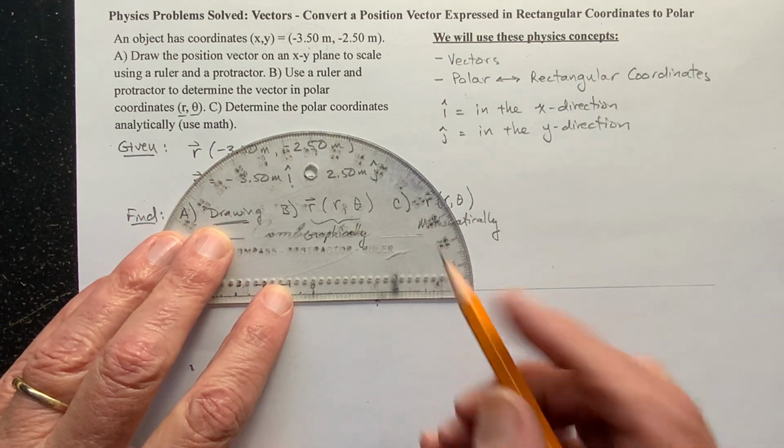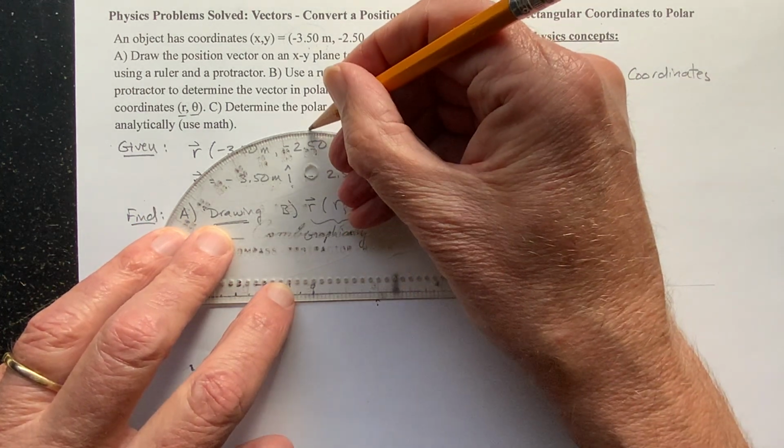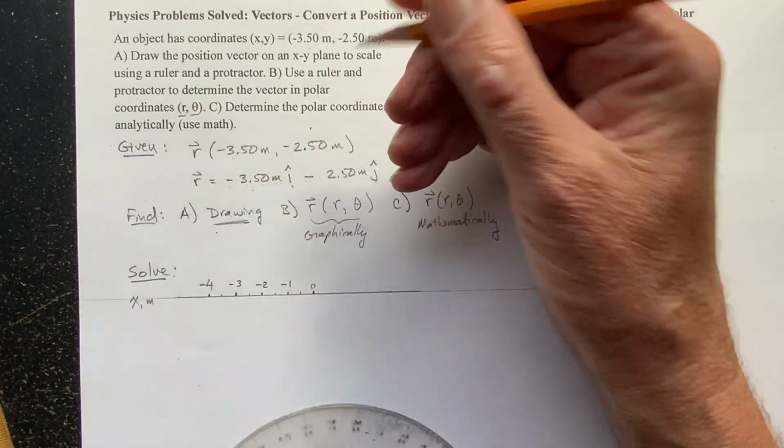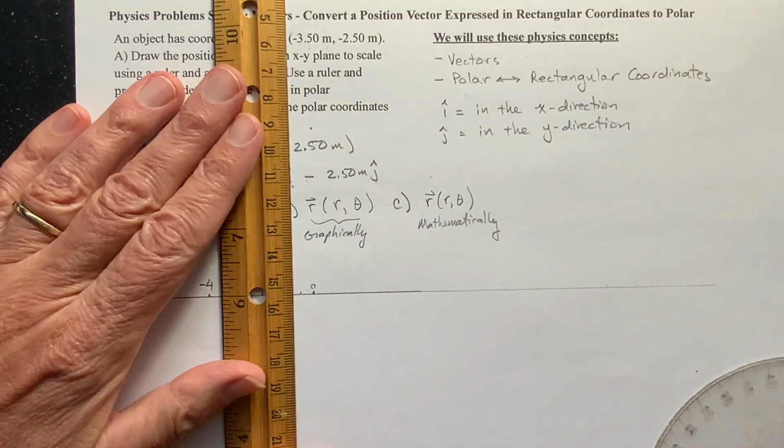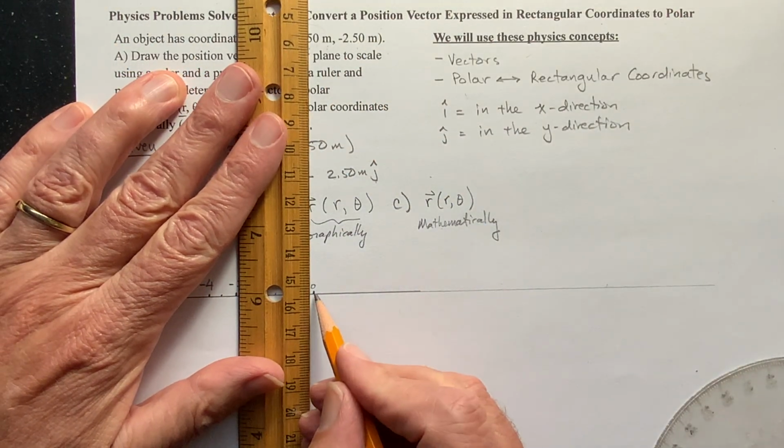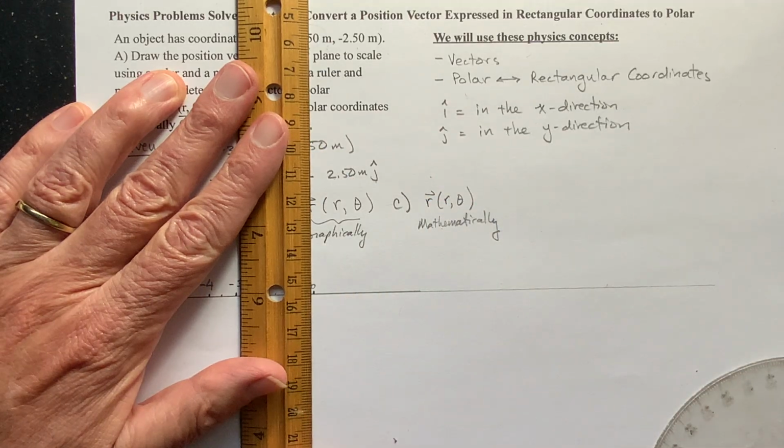That looks pretty good. And so here's 90 degrees, so I'll put a little mark up here. And then when I make my y-axis, I just line up my origin with that little construction dot I made.